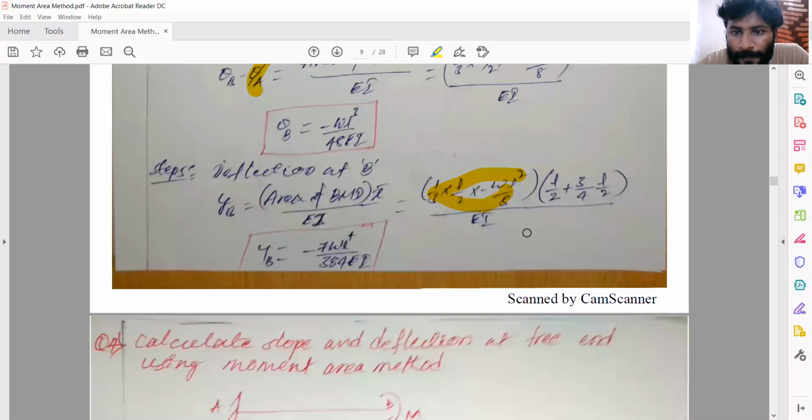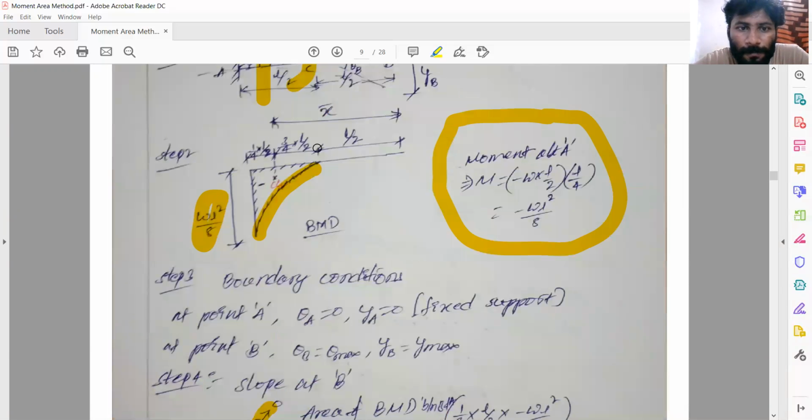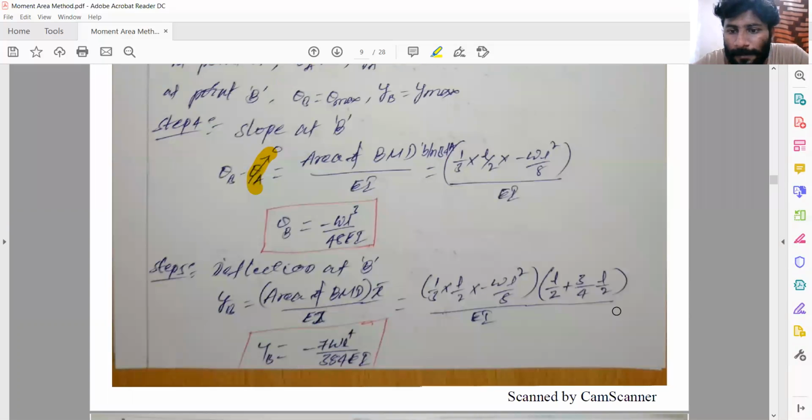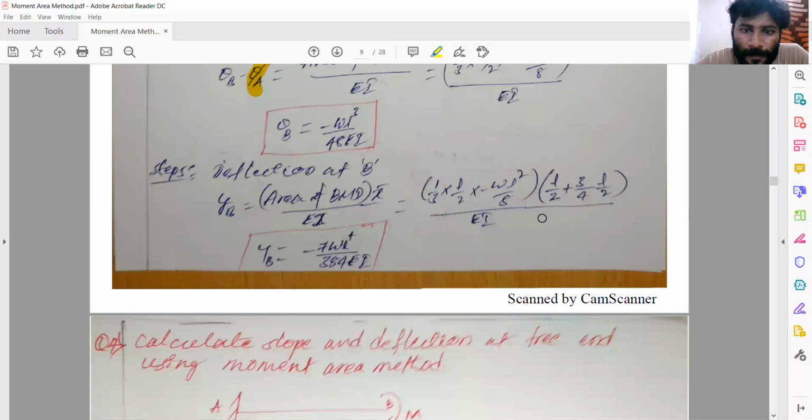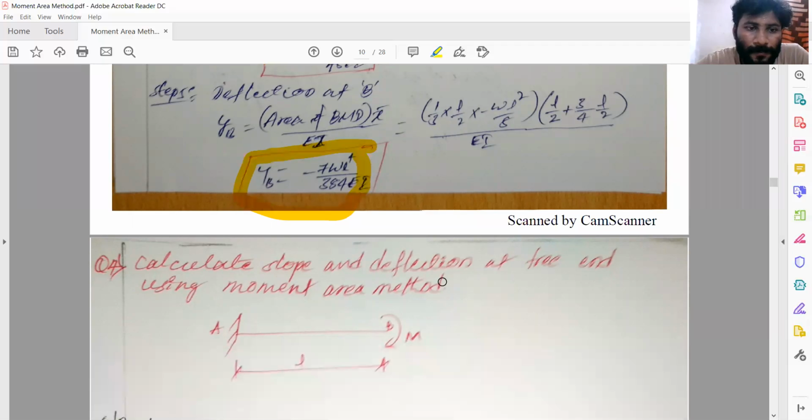So the area of that BMD into X bar, where X bar is L by 2 plus L by 2, that is L by 2 plus this distance, 3 by 4 times of L by 2. So you calculate, that will be the final value of the deflection at the free end.